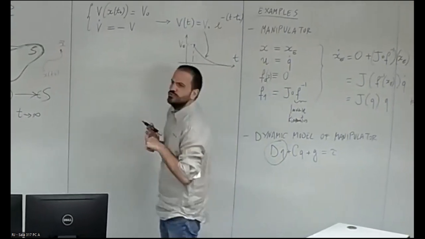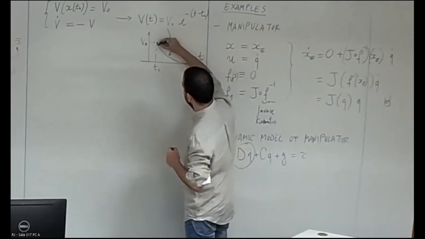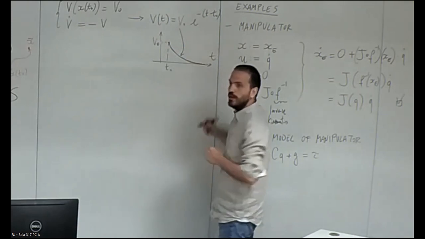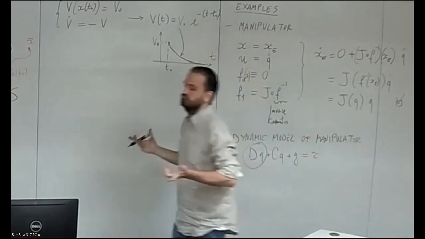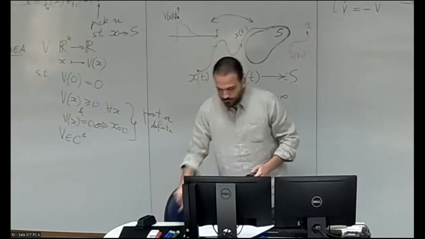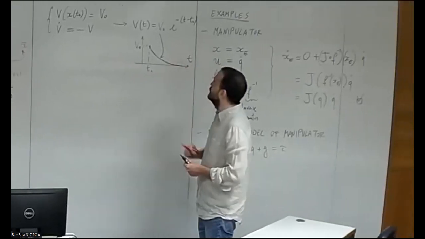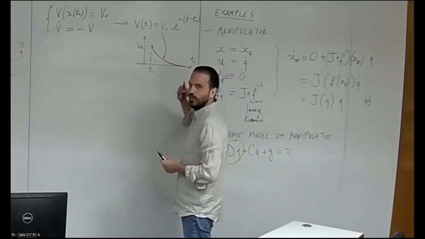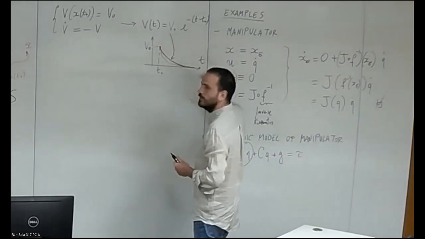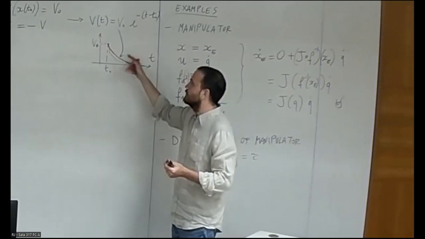Now, this might be too strict. We want exactly V to follow this curve on its way to 0. It's stricter than we would like. There's no use in restricting V to this exact curve. What we can say is that as long as you are below this curve, you're always going to go to 0, and you're free to move below this curve.